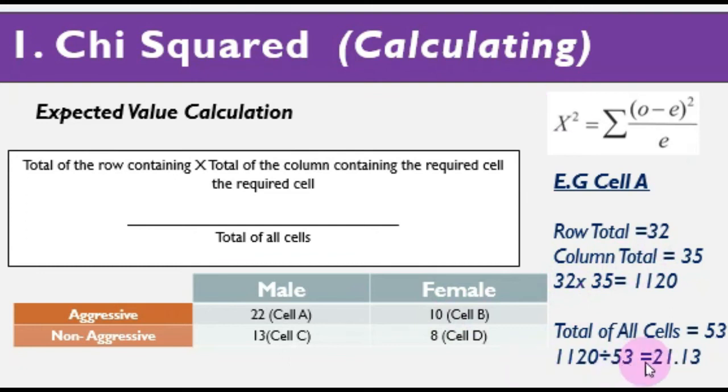So, paano natin nakuha yan? Tinotal natin itong male-female ng each cells. Okay? Which is the 53. Yung 1,120 na na-computed natin dun sa row total and then the column total ay i-divide natin siya into 53, which is ang sagot is 21.13.